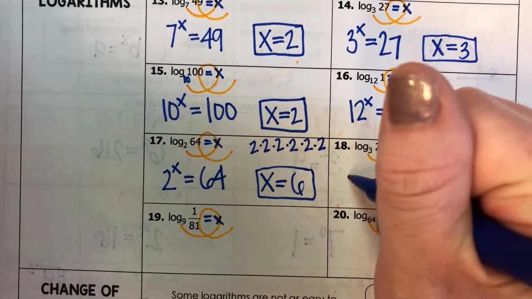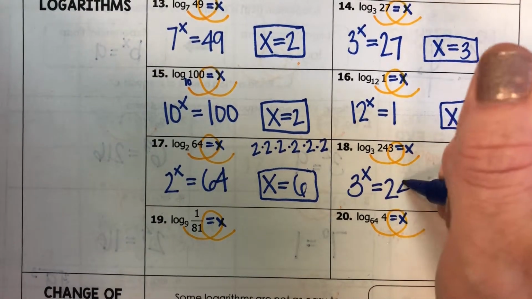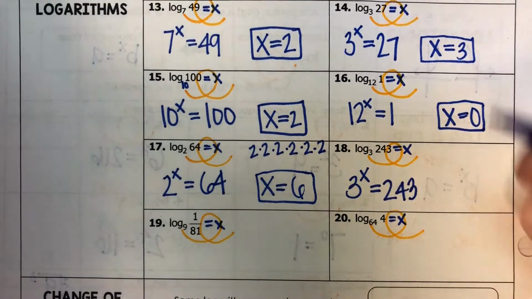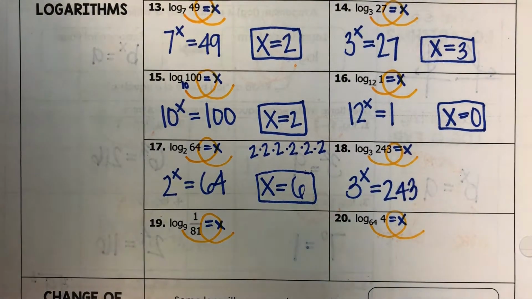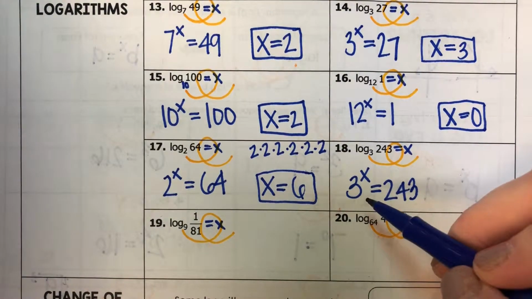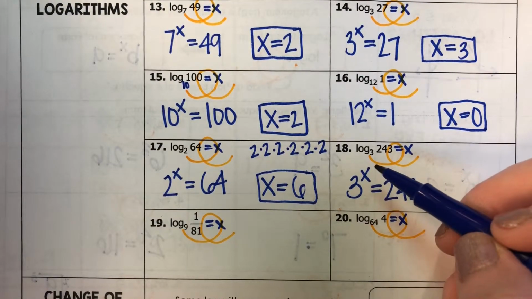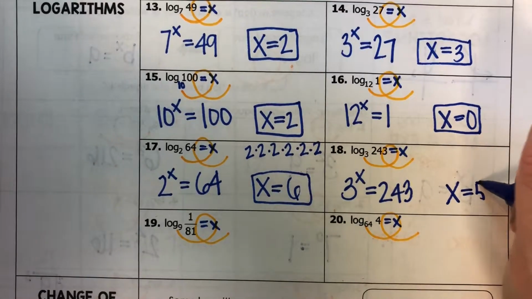All right, then next I've got 3 raised to the x power equals 243. And here I need to think through my multiples of 3, okay? So I've got 3, well, it's more than just multiples of 3, but 3 squared is 9, 3 to the 3rd power is 27, 3 to the 4th power is 81, and 3 to the 5th power is 243.